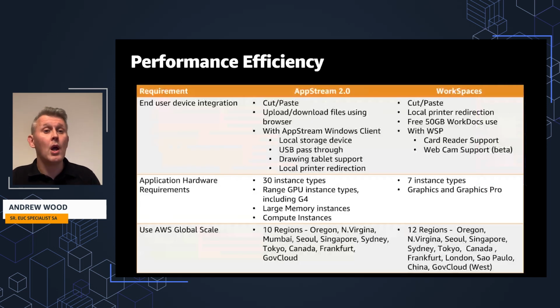So when considering performance efficiency, let's look at selection points, key differences for AppStream and WorkSpaces. Let's consider that end user device integration. Both services, WorkSpaces and AppStream, support cut and paste, both have policies to enable or disable that option. Then it gets more exciting. With AppStream, there's support for upload, download of files.